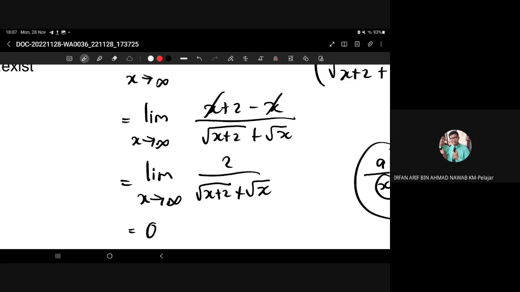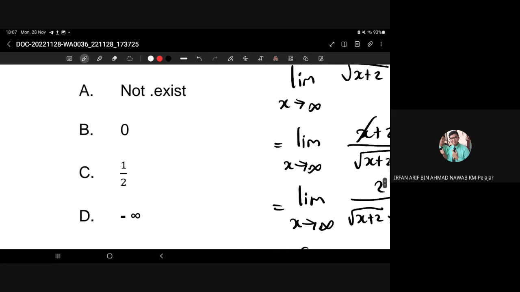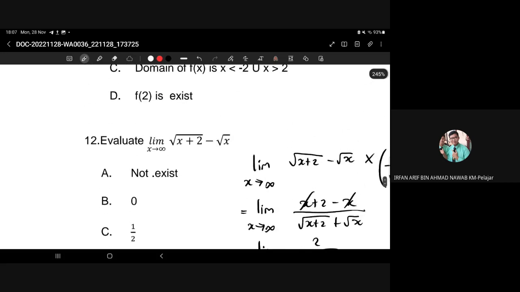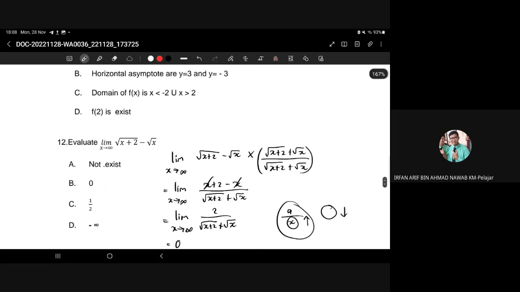So let me check the answer. It should be 0, B. And this is question 12. Yes, it is 0. But the question here, oh, yeah, it uses the conjugate as well, but it divides by the square root of x. I see.